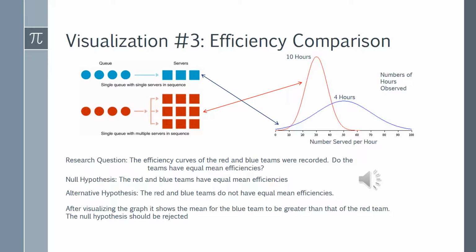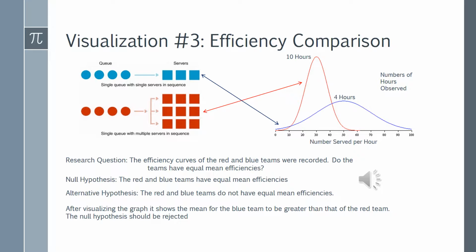After a visualization of the graph and a comparison of the bell curves, I state my null hypothesis as the red and blue teams have equal mean efficiencies, and the alternative hypothesis as the red and blue teams do not have equal mean efficiencies.